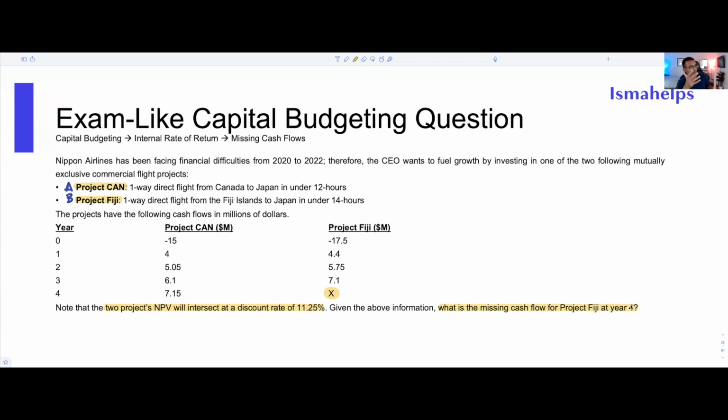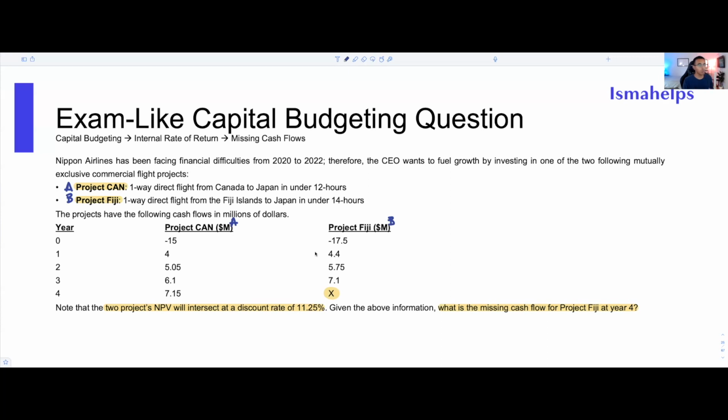The reason why this is awesome is because it's letting you know that at 11.25%, the net present value of Project A and the net present value of Project B will be equal to the same thing, okay? And why is that important to us?